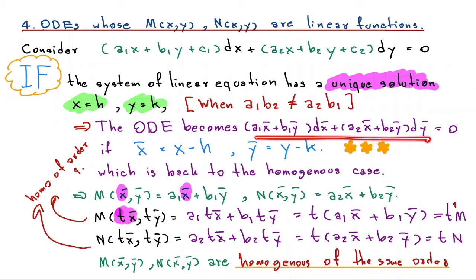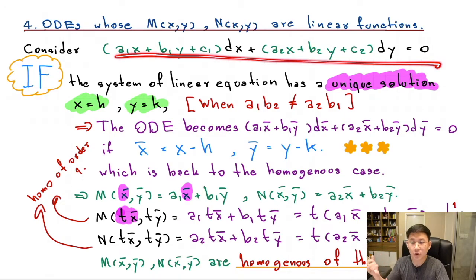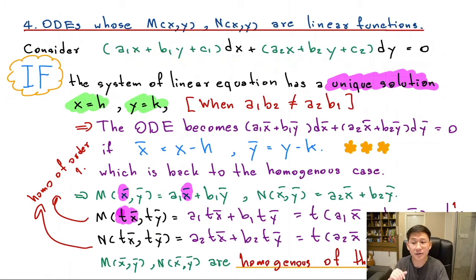So let me sum it up. First, when we see an equation with linear coefficients, the coefficients M and N are linear functions. Then for the first case we solve for x and y, and let's say x is h and y is k.